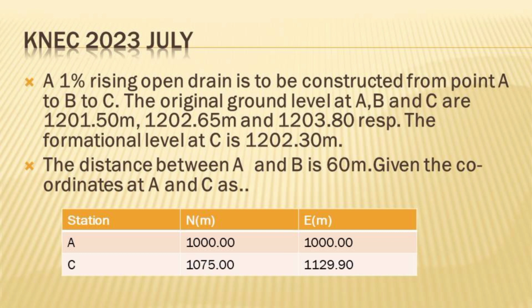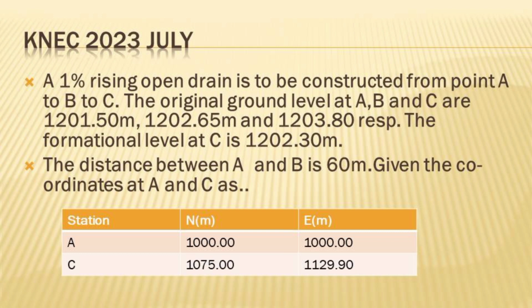In setting out, the question was as follows: a 1% rising open drain is to be constructed from point A to B to C. The original ground levels at A, B, and C are 1201.50 meters, 1202.65 meters, and 1203.80 respectively.